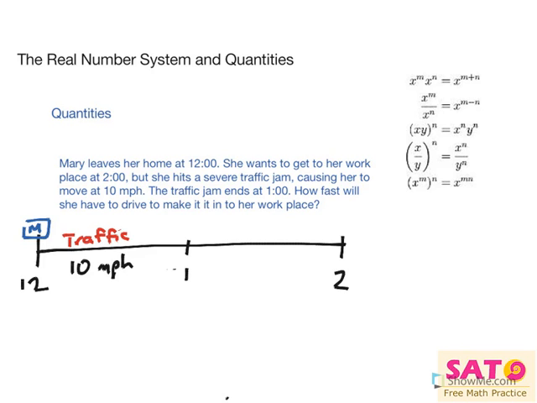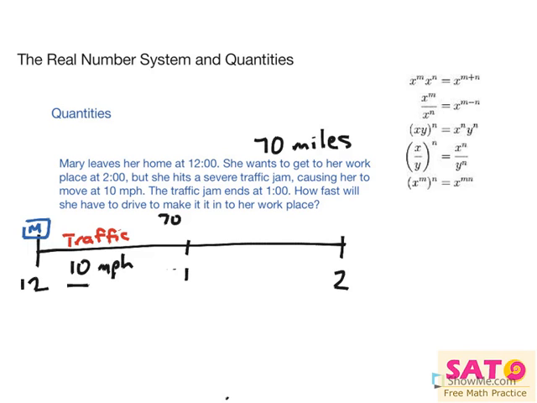So this problem forgot to say how far the distance is. So let's say her workplace is 70 miles away. She drives at 10 miles per hour, and she wants to get to her workplace, which is 70 miles overall. So in the first hour, she only drives 10 miles.